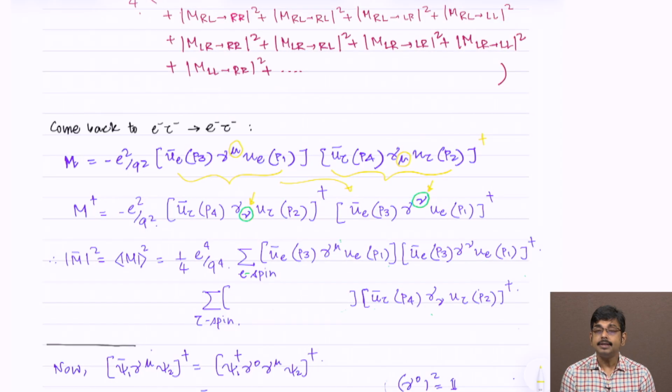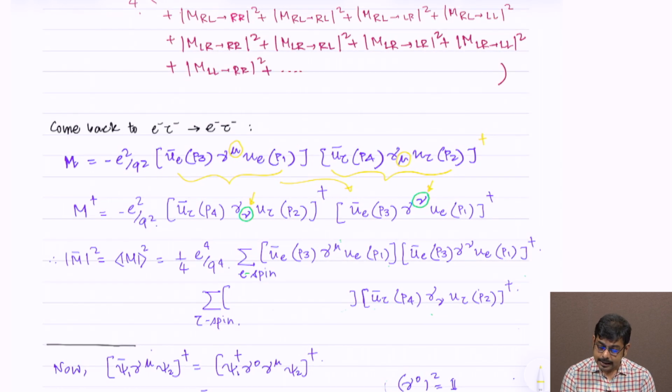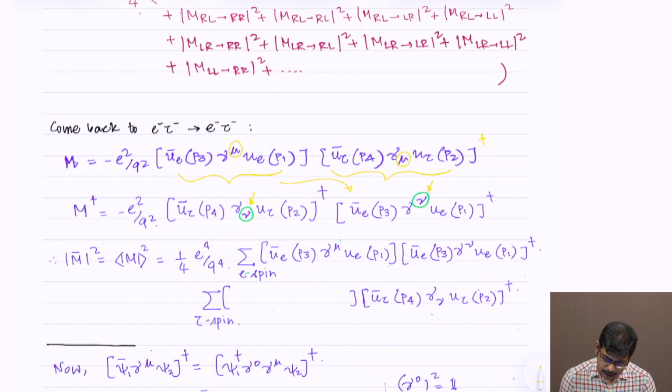There is nothing specific about nu, just as there is nothing specific about mu here. You can use any index, but the point is this index must be a different one from the one that you have used for writing the original matrix element.